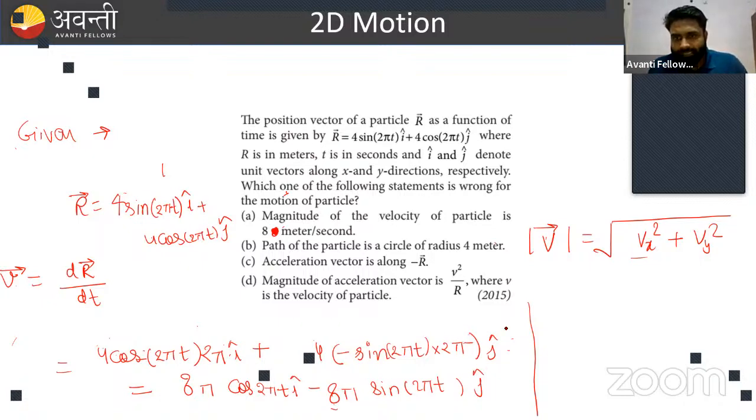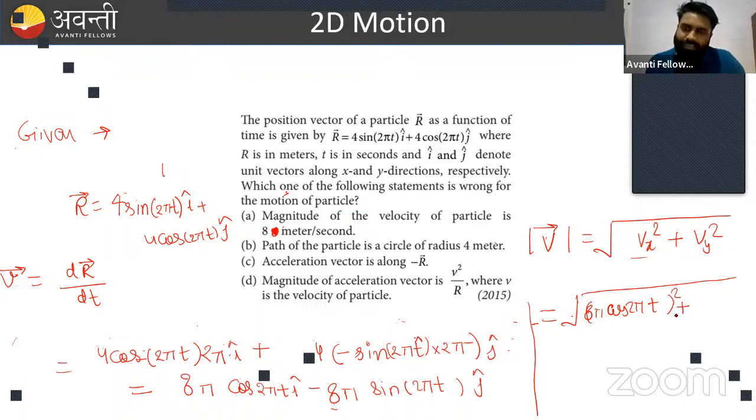So we would just put the values in. Okay, so vx का square means 8 pi cos 2 pi t का whole square, plus what is the value of vy?